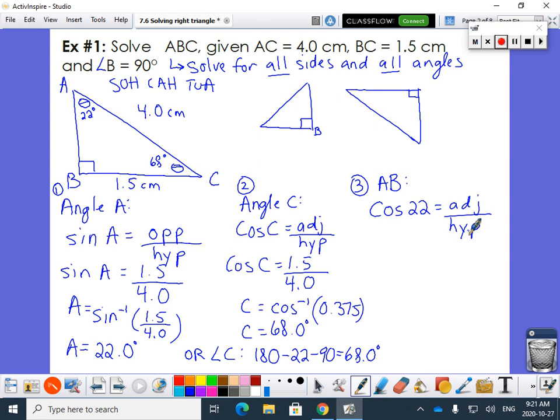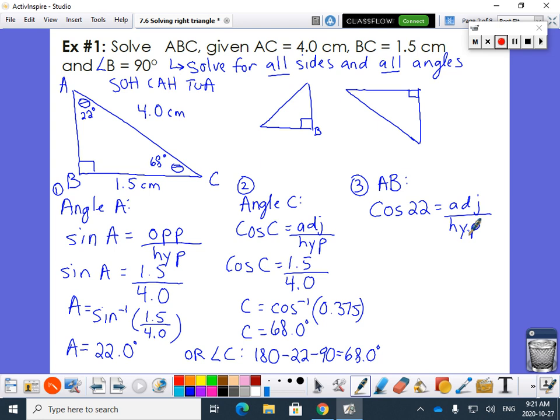The side to the side of angle A is what again? Adjacent, and I have hypotenuse. So that's just the way I chose to do it. Looking at angle A, it's going to be cosine because I need A and I have H. So that's this guy here. Is everyone good with that? But like I said, there are so many different ways to do it.